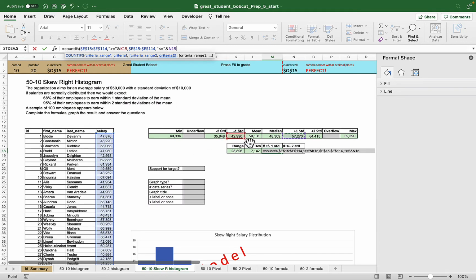So this basically tells how many people earn between 42,990 and 57 and change.